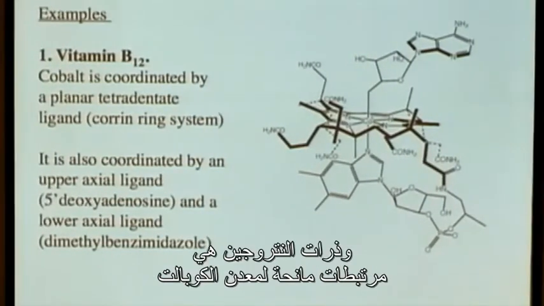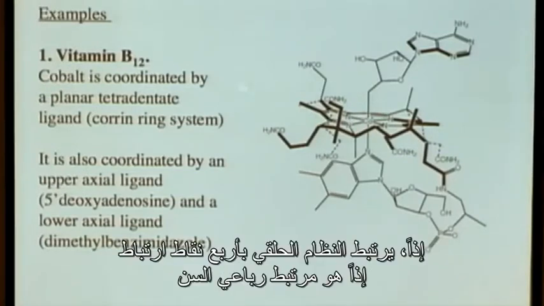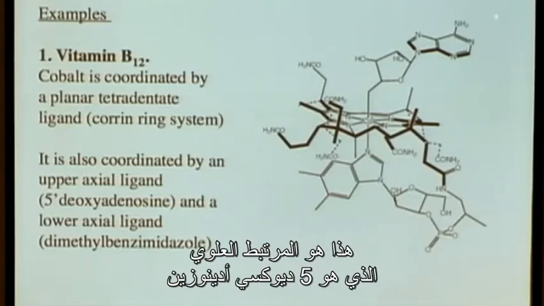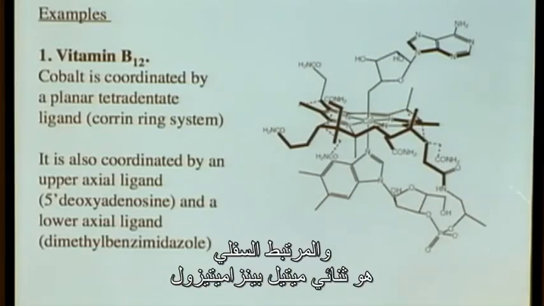The nitrogens are the donor ligand to the cobalt. And so this ring system is attaching at 4 points. So it's a tetradentate ligand. There are also 2 other ligands attached to vitamin B12. There's an upper ligand shown here, which is 5'-deoxyadenosine, and a bottom ligand, which is a dimethylbenzimidazole ligand.